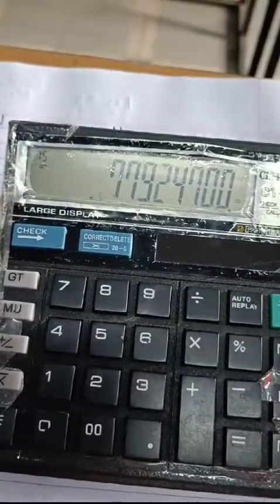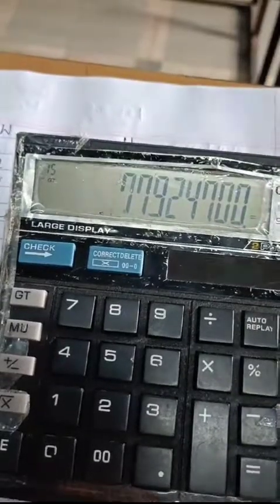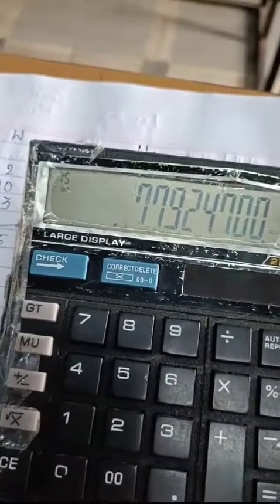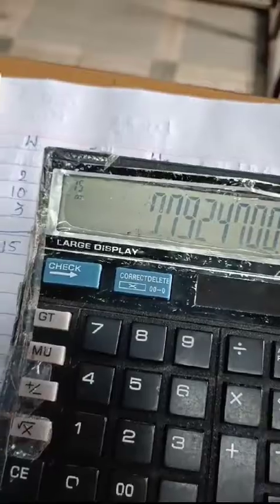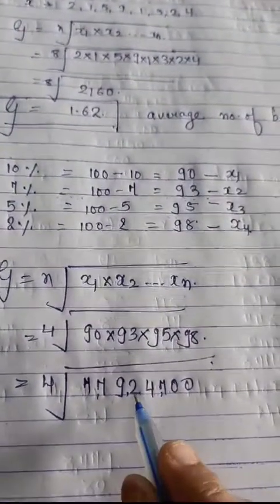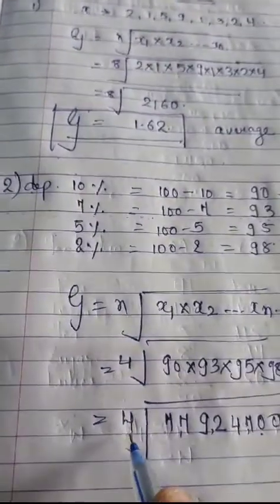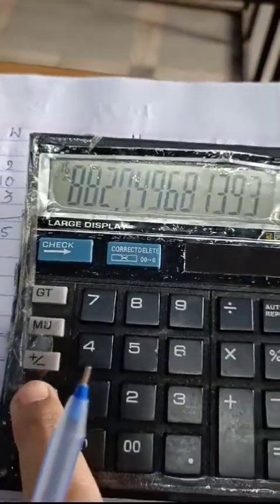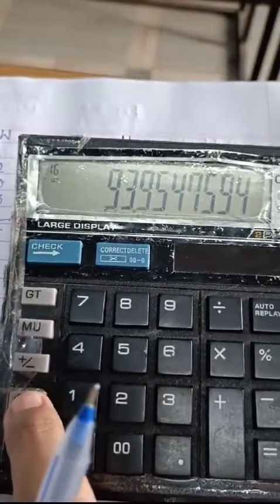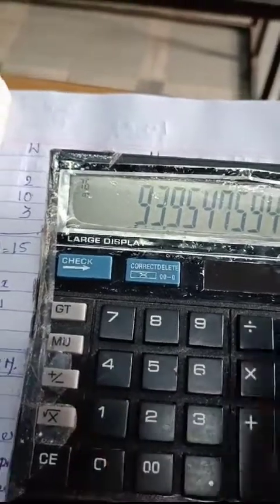So what is the value we are getting? 77924700. How many times? 4 is there. So we will be pressing it only 2 times. 1 and 2. So what is the value? 93.95.